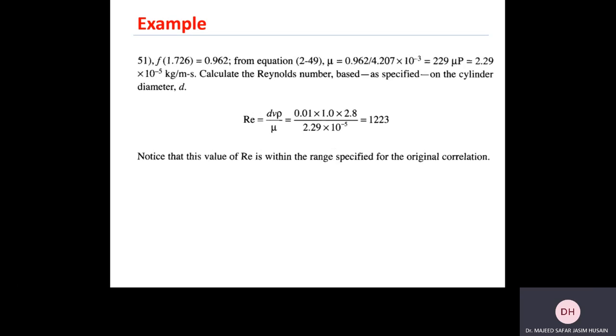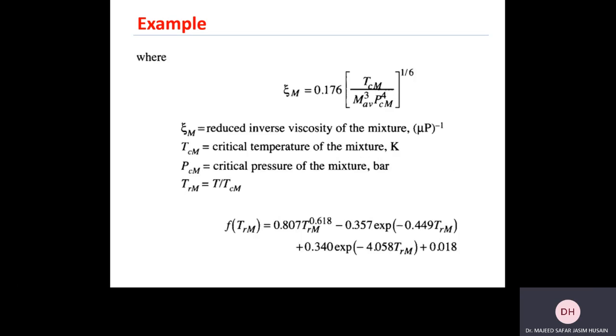You can also find this F function, and it is around 0.962. If you find this xi and the F function, then you can go back to the previous equation, the method of Lucas, and find the viscosity. You have all of them now except the viscosity, so you can find it.